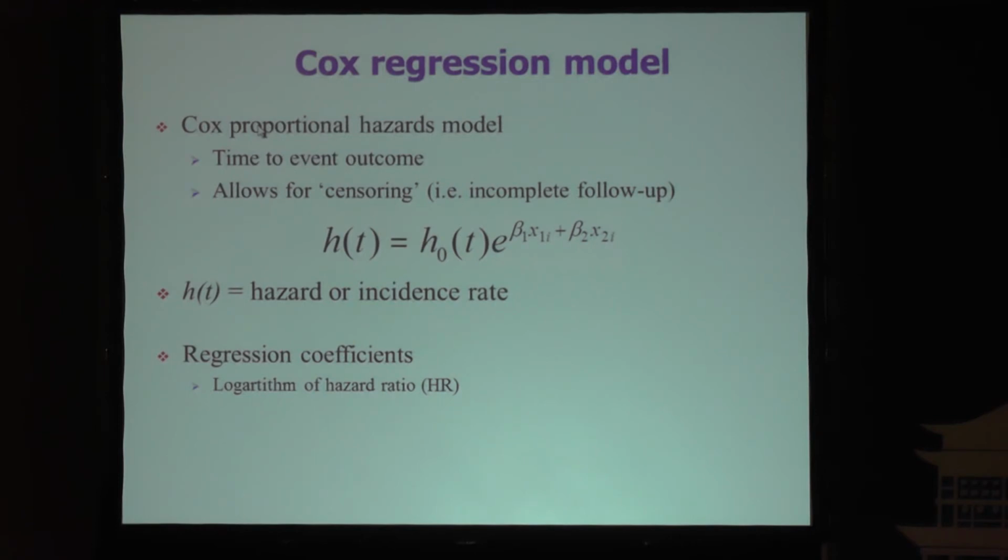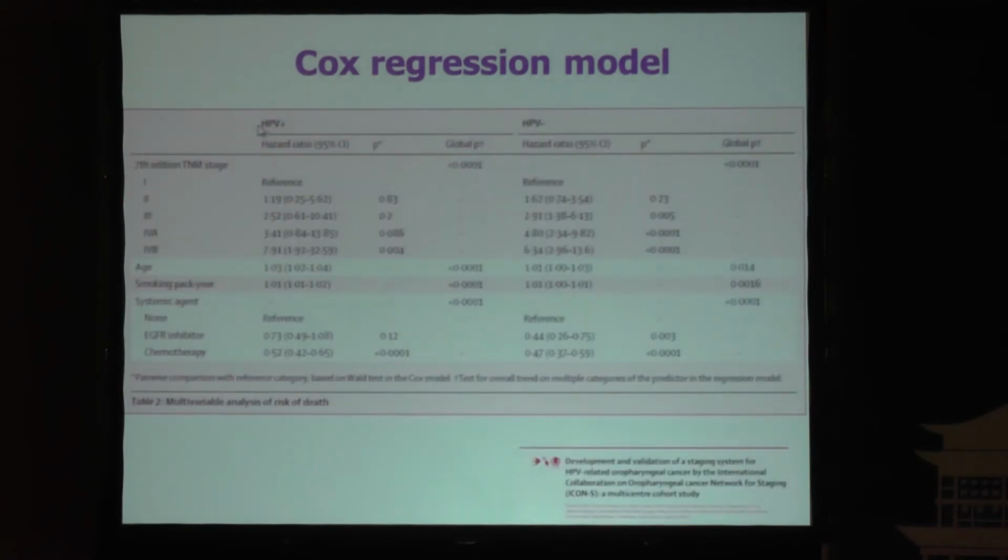The estimated regression coefficient is in fact the logarithm of the hazard ratio, and that logarithm of the hazard ratio tells you the strength and the direction of the association. But the Cox model is based on a very strong assumption, the proportional hazards assumption. So checking of this assumption is very important, and currently it is largely ignored by most of the research in survival analysis.